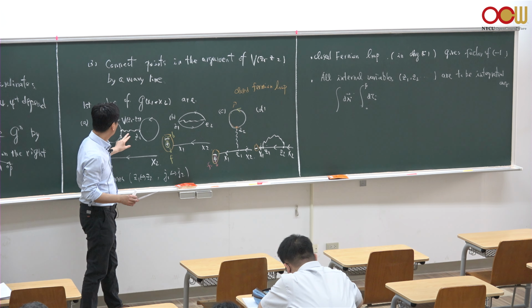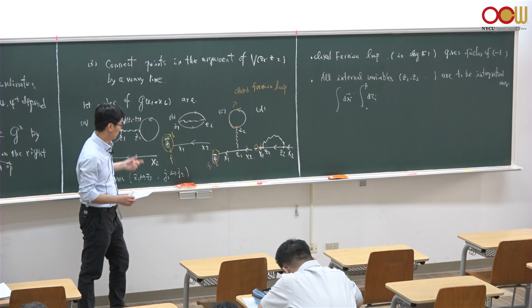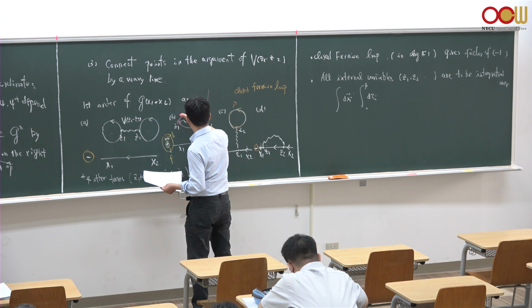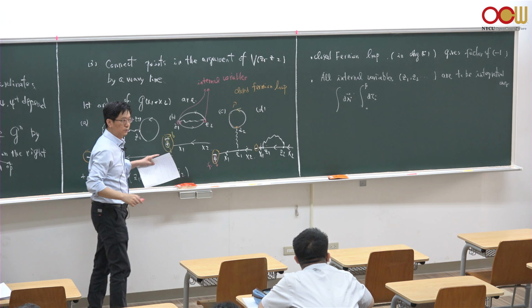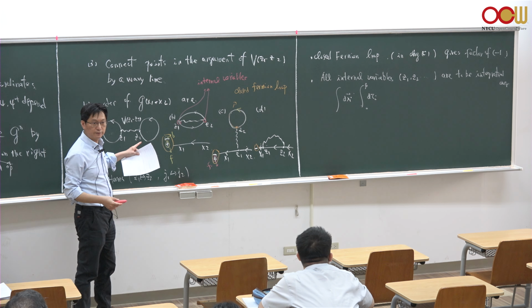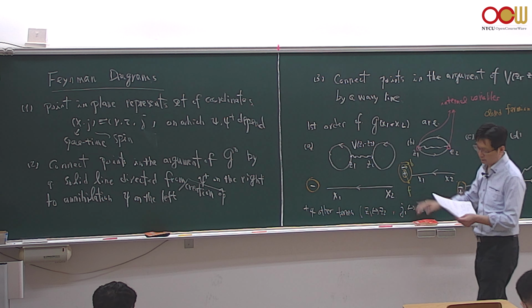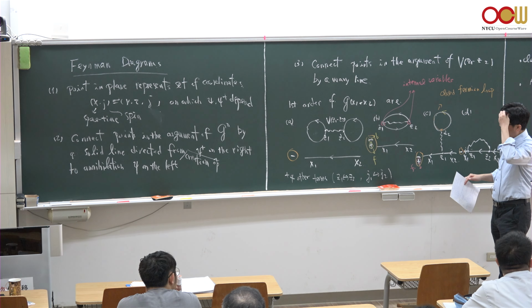Okay, and we call them internal variables. So these internal variables are to be integrated over, and to see this, we need to go back to the perturbative expansion that we wrote down previously.